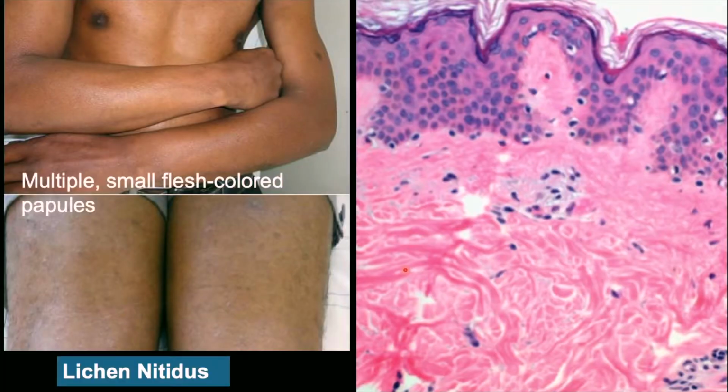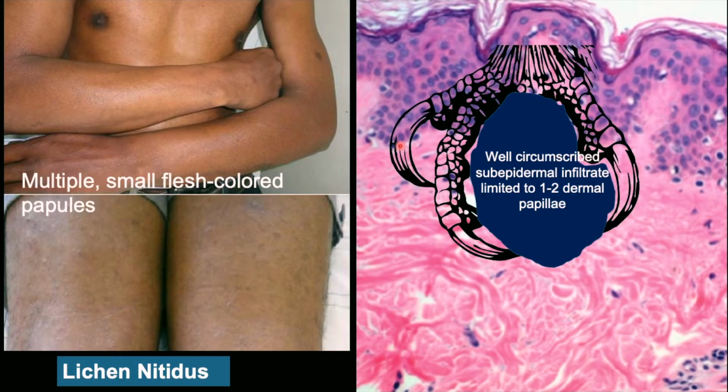Lichen nitidus: nitidus in Latin means clear, and the reason it is called nitidus is that clinically they are small flesh-colored papules. On histology, they have the unique feature of the rete ridges. They form a claw pattern that holds the well circumscribed subepidermal infiltrate.